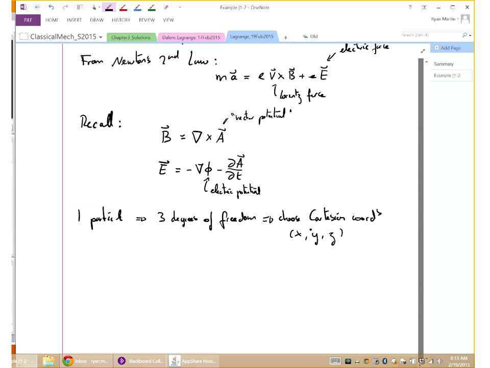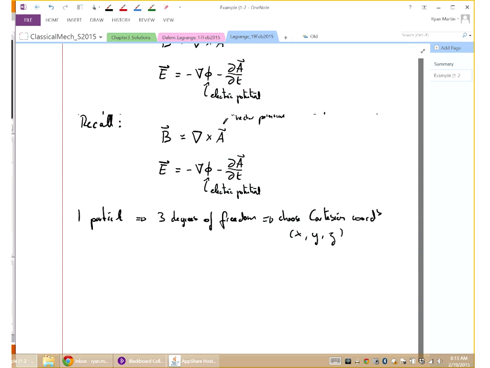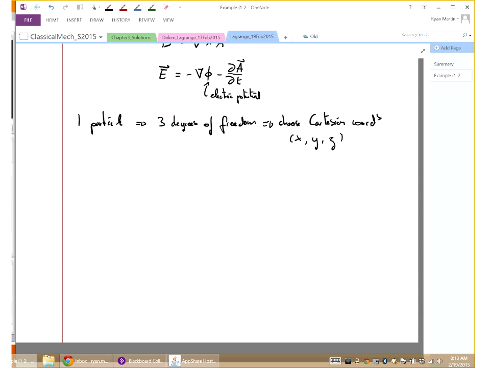So x, y, and z. Now what I'm going to do is introduce the correct form of the generalized potential for the situation, and then we'll show that it gives rise to the correct equations of motion, which we wrote out using Newton's second law.